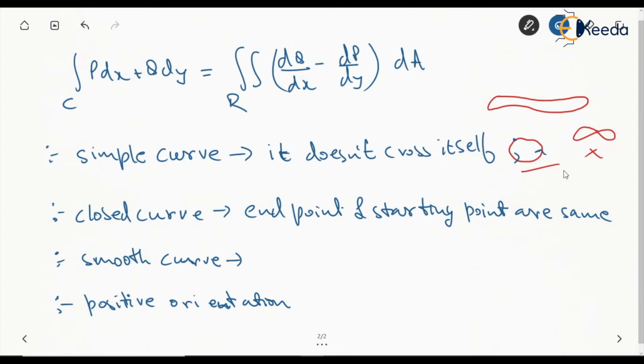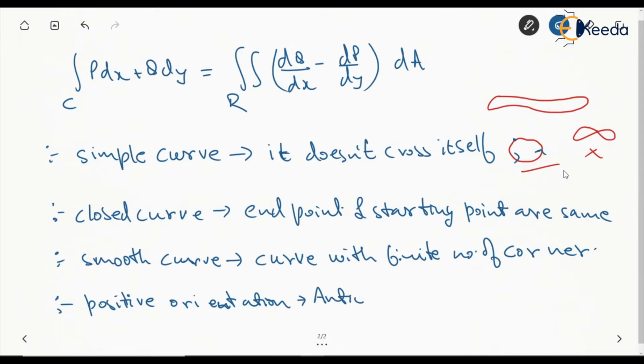So a curve with a finite number of corners. And positive orientation is the anti-clockwise orientation, anti-clock or counter-clock.